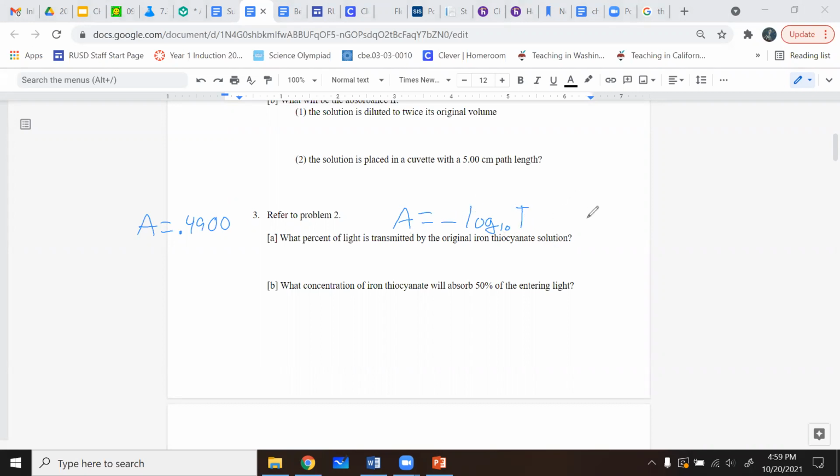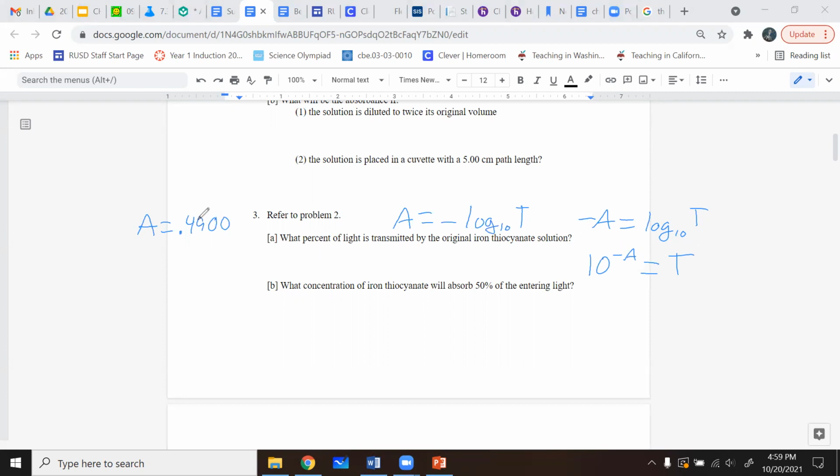So the first thing I'm going to do is rearrange that equation, divide both sides by -1, and I get negative A equals log base 10 of T. Because of the rules of logarithm manipulation, you can solve log base 10 by just raising both sides times 10 to the. So we can say 10 to the negative A is equal to T.